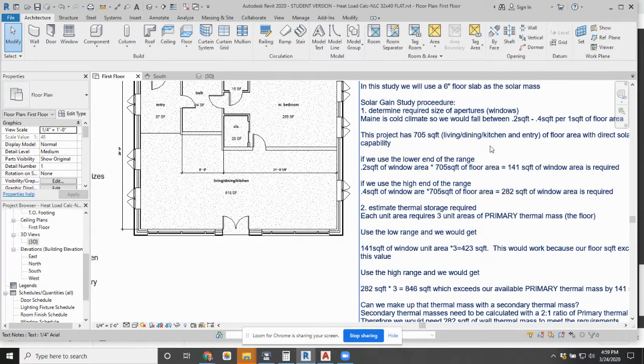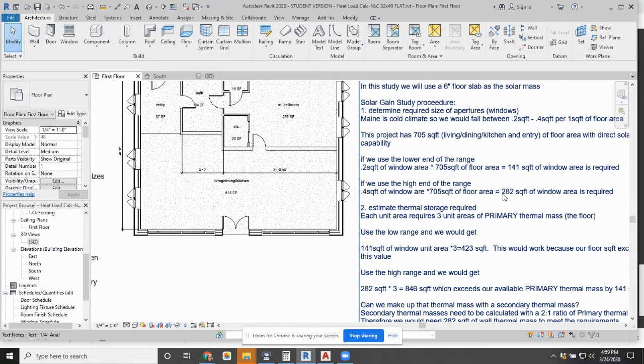So I know that it seems like we just worked it all out. We've got the 705 square feet, we've got our windows, but there's a different ratio that we're using for, remember, the mass storage, the thermal storage that this floor is capable of holding. That may not be the same as this ratio that we have up here for the windows and square footage. In fact, it's not the same.